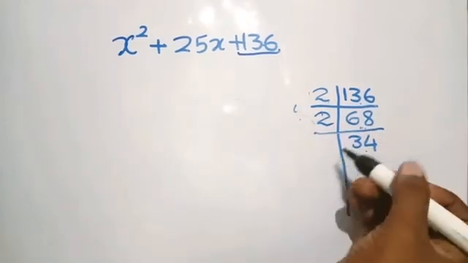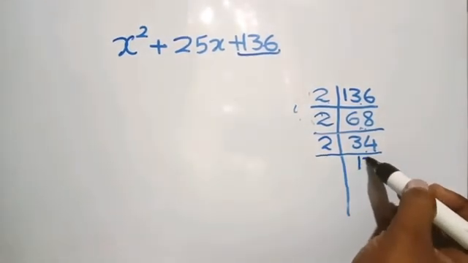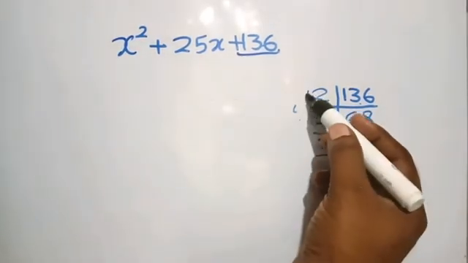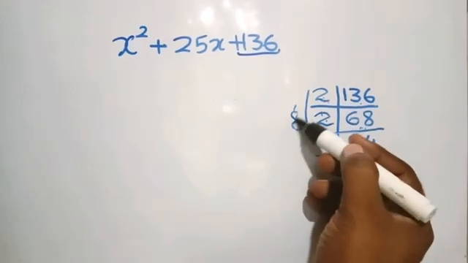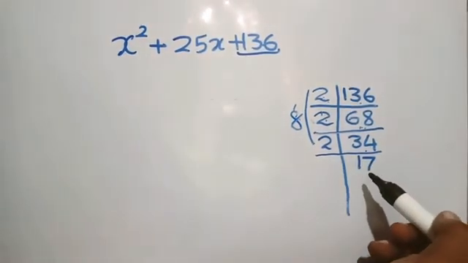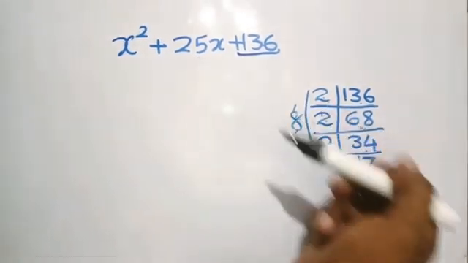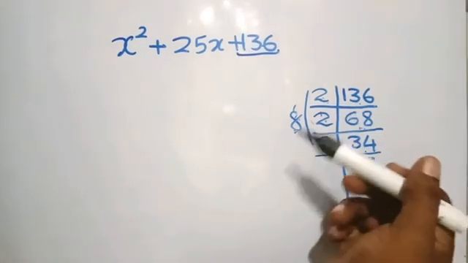So we need to proceed with the next one. Again 2, 17. Let's multiply: 2 into 2 into 2 is 8. When you add 17 plus 8, it is 25, and 17 into 8 is 136.